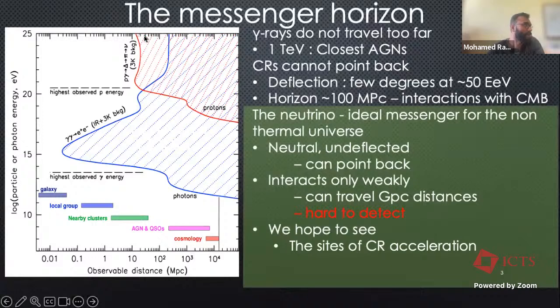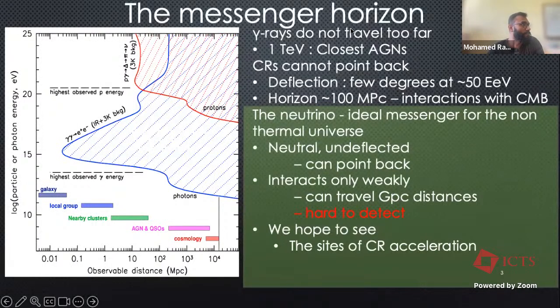This is known as the Greisen-Zatsepin-Kuzmin limit. And this is because at the highest of energies, the cross-section is enhanced because the delta plus resonance becomes kinematically accessible. So these are the disadvantages. The cosmic rays cannot point back, and they do not travel too far in the universe.